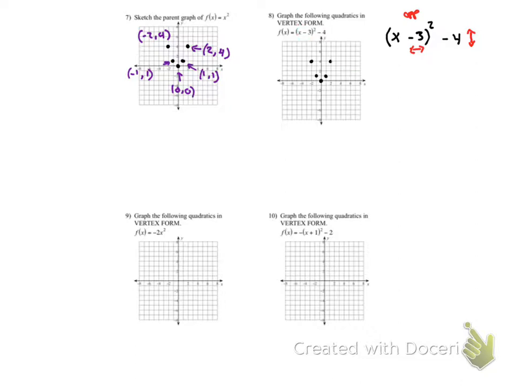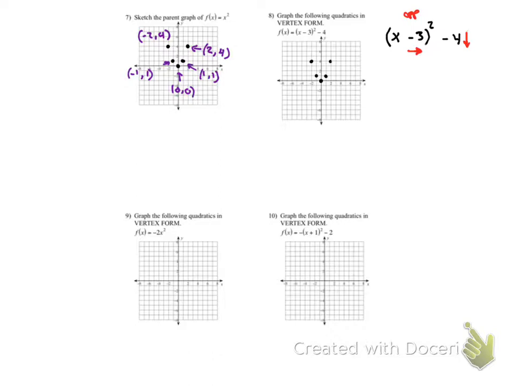If we're looking at our new points, since this is a -3, we're going to be moving the opposite direction. Instead of moving to the left, we're going to move over to the right 3. And now since this is a -4, this one's not opposite, we're going to be moving down 4.